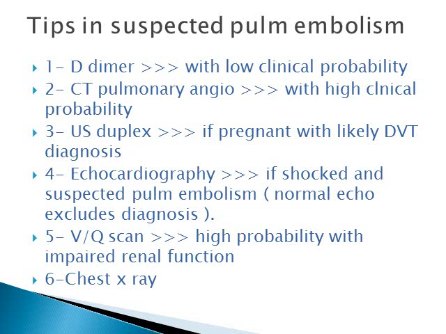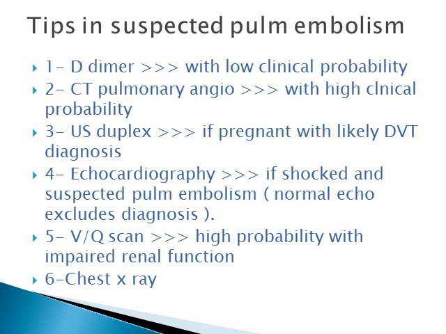Also ultrasound Doppler. If a pregnant lady has clinical features suggestive of pulmonary embolism and also clinical features suggestive of a DVT, the best initial test for this case would be ultrasound Doppler. So you will not go for CT pulmonary angiography or VQ scan. If ultrasound Doppler is positive, that would be enough for diagnosis of pulmonary embolism.